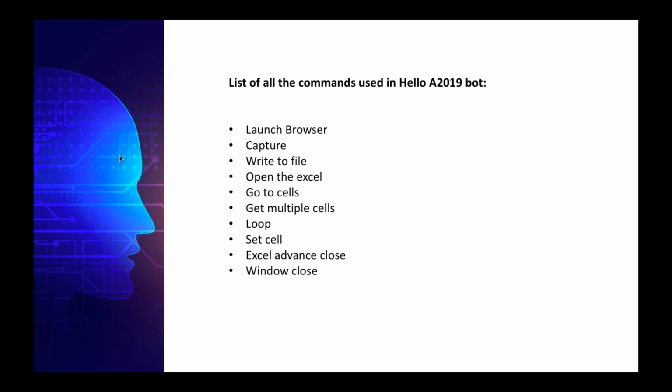The second step was to open the CSV file and launch the CRM website, achieved using open, go to cell, and launch browser commands. The third was to populate the CRM web form, using get multiple cell, loop, and capture commands. Finally, to update and save the process, we used the close action.